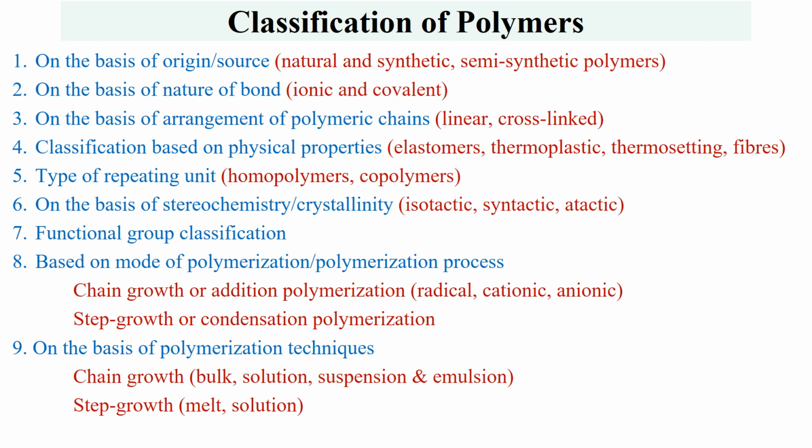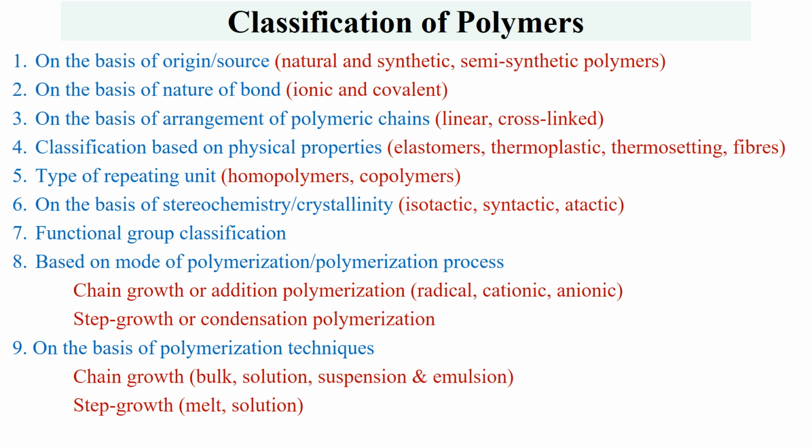The polymers can be classified on the basis of their origin or source into natural, synthetic, or semi-synthetic polymers, or on the basis of nature of bond, that is ionic or covalent polymers, and on the basis of arrangement of polymeric chains. Polymers are linear, cross-linked, and branched polymers.